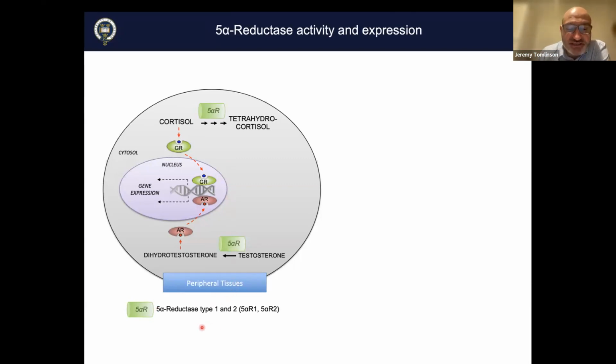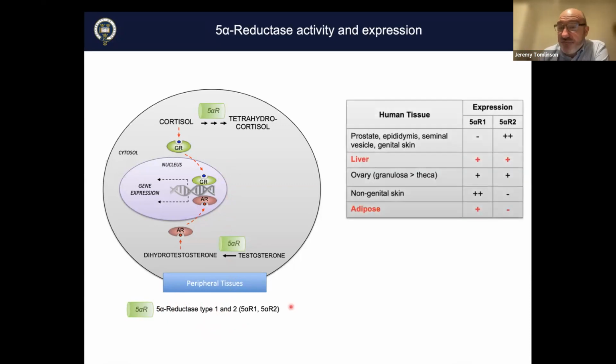And we know that there are 2 isoforms of 5-alpha reductase, type 1 and type 2, and they are differentially expressed. Type 2 is highly expressed in the prostate and urogenital epithelium, but interestingly in the liver, specifically in human, it's different in rodents, both the type 1 and the type 2 isoform are expressed, and in adipose tissue, it's pretty much exclusively the type 1.